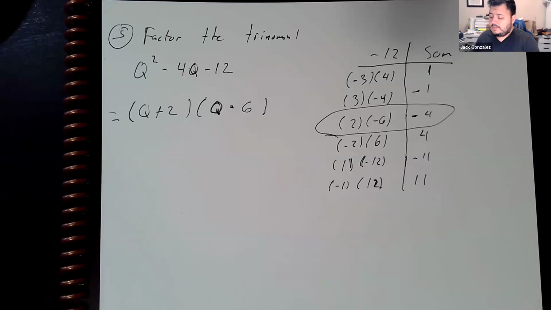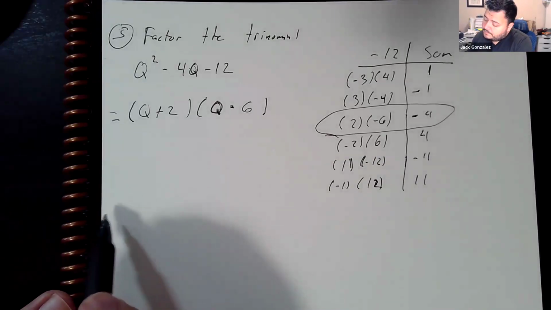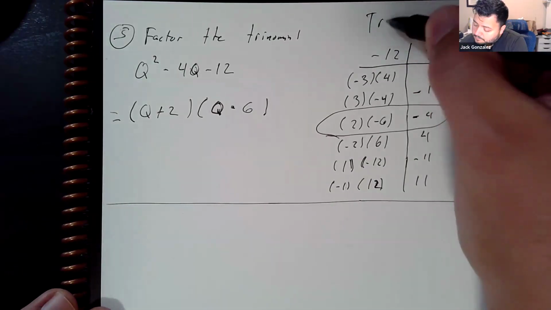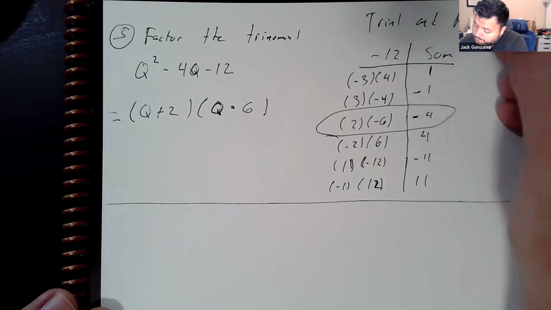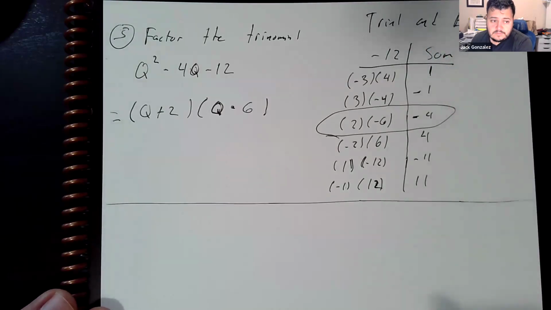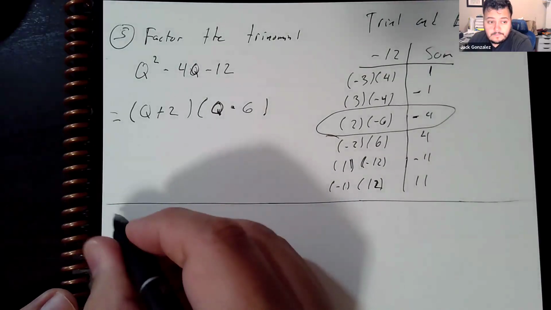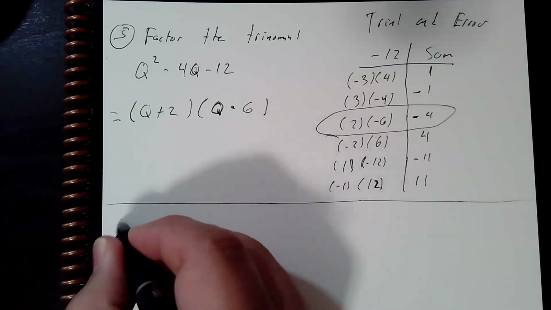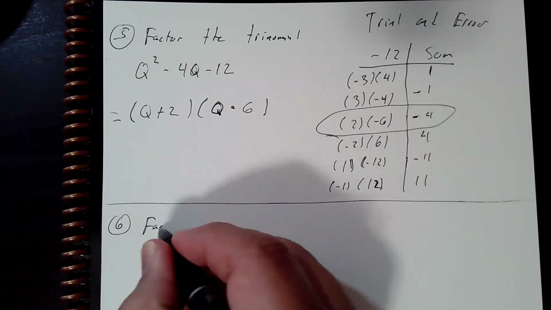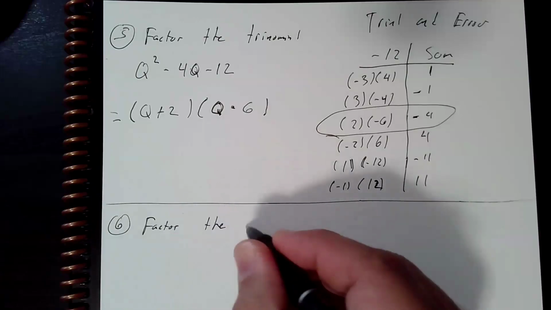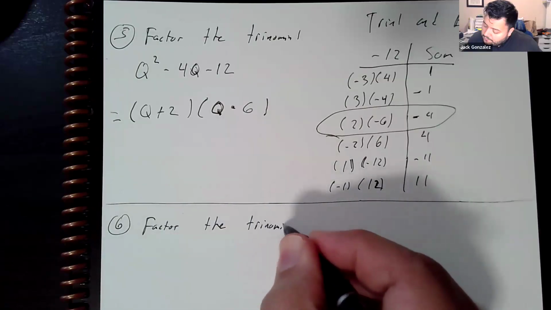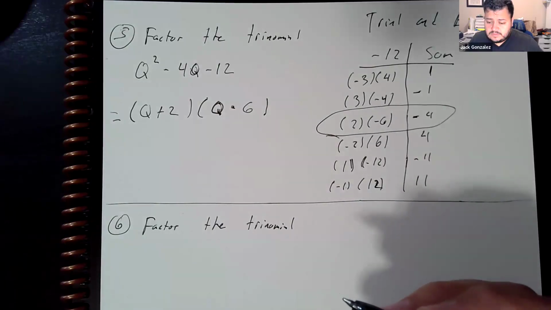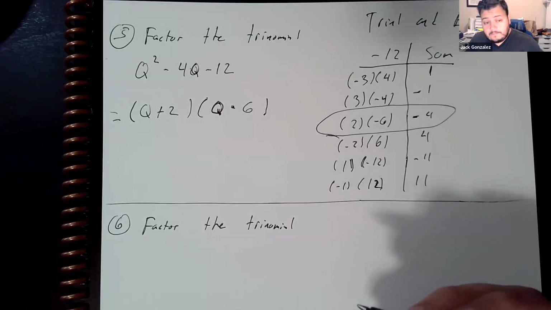Okay, so this one is a different technique. This was trial and error. The next one will be the AC method. You could brute force it and do trial and error, but I don't recommend it because you're basically just guessing until you get it, which is annoying.